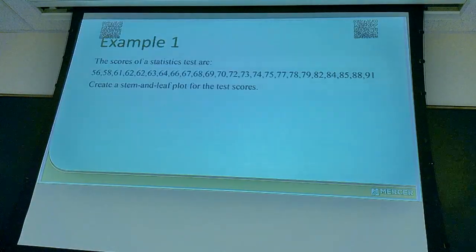So clearly we're going to set the stem to be the tens digit. We don't want stems 0 through 4, because there are no values between 0 and 50, right? So our stems are going to start at 5 and go to, we don't need 10.